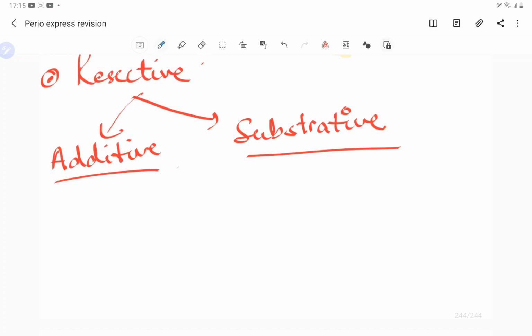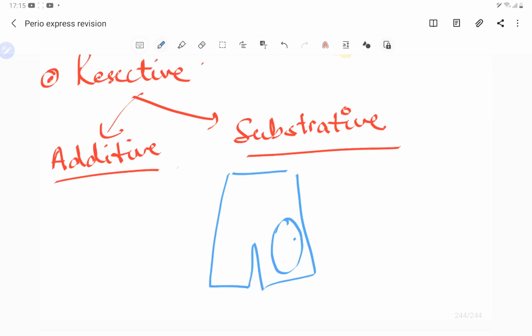Now the subtractive is, say suppose the hole in the jeans is a big one. The person has met some accident, or any incident had happened, or it was burned with the iron. So there is a big hole. This was brand new jeans, you have worn it once or twice. Now I don't want to throw it away.